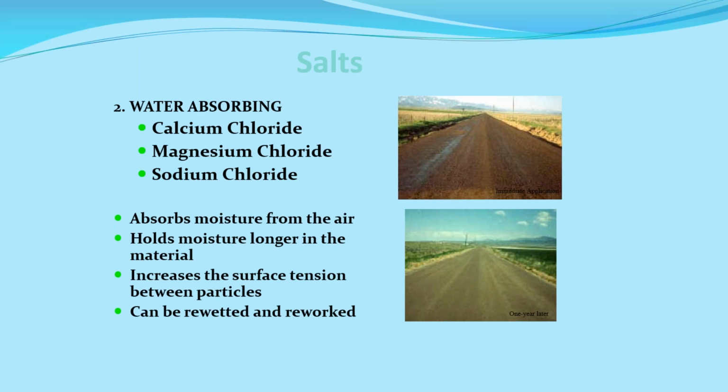The magnesium chloride is a liquid chemical in most cases, because to get it into a solid, you have to heat it and evaporate out more of the water until it drops out as a solid. The sodium chloride will naturally do that with just a little bit of evaporation. So generally speaking, the sodium chloride you buy is rock salt.